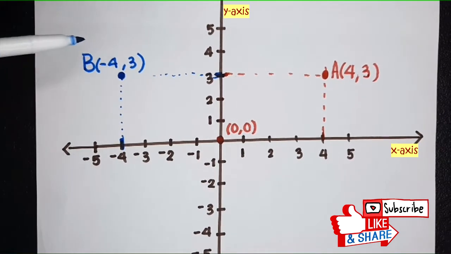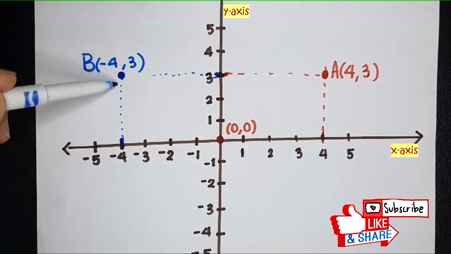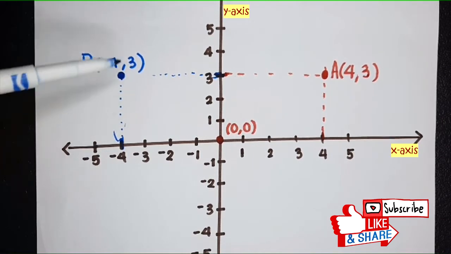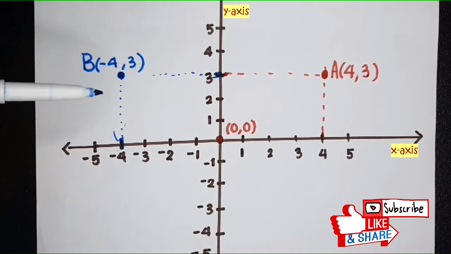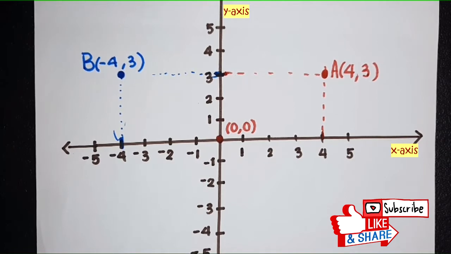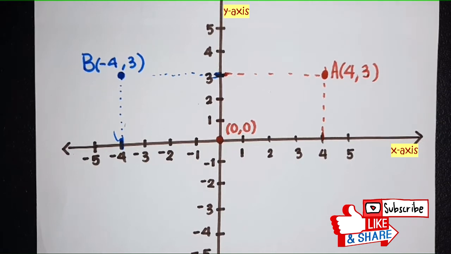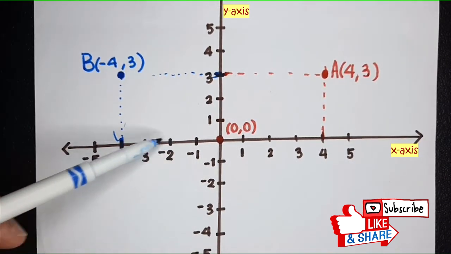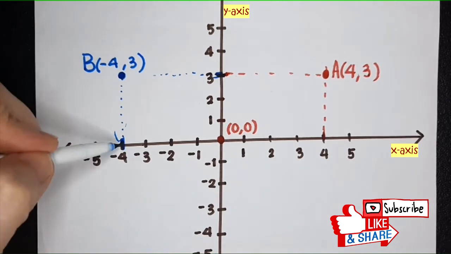Actually, kung sanay na kayo, you don't really have to draw these dotted lines. Sige, let's practice without having these dotted lines. Let's now have the point -4, -3. Again, I'm going to say it again. -4, -3. Asan kaya yon? So, -4 muna. So, count ulit kayo dito. 1, 2, 3, 4. Andito ang -4.